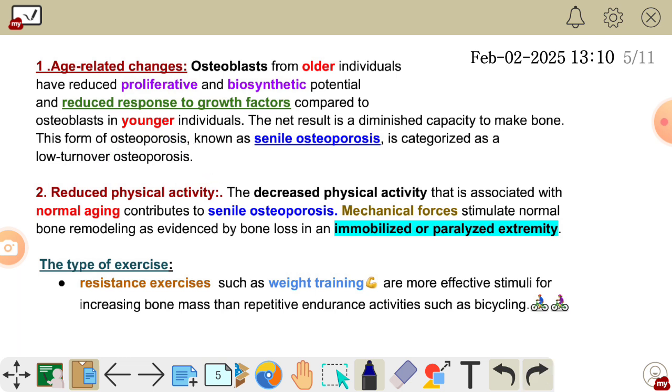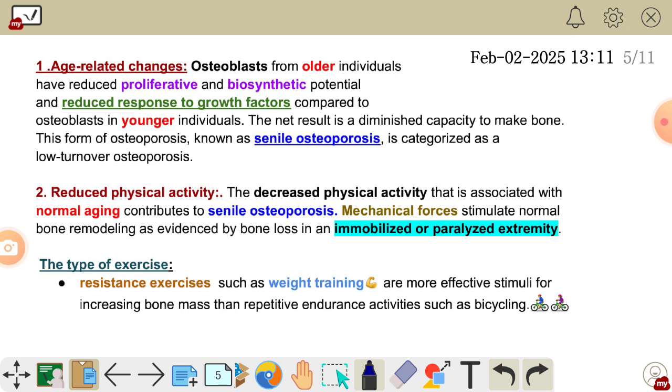So apart from age-related changes seen in older individuals, where we have reduced proliferative and biosynthetic potential, as well as reduced response to growth factors of osteoblasts, we also have another pathogenesis, which is related to physical activity. So reduced physical activity can also lead to osteoporosis.